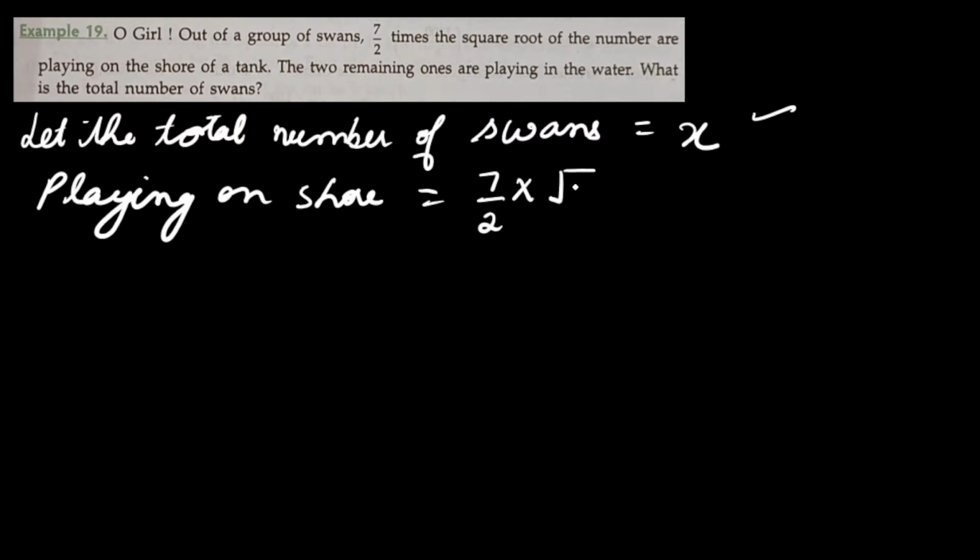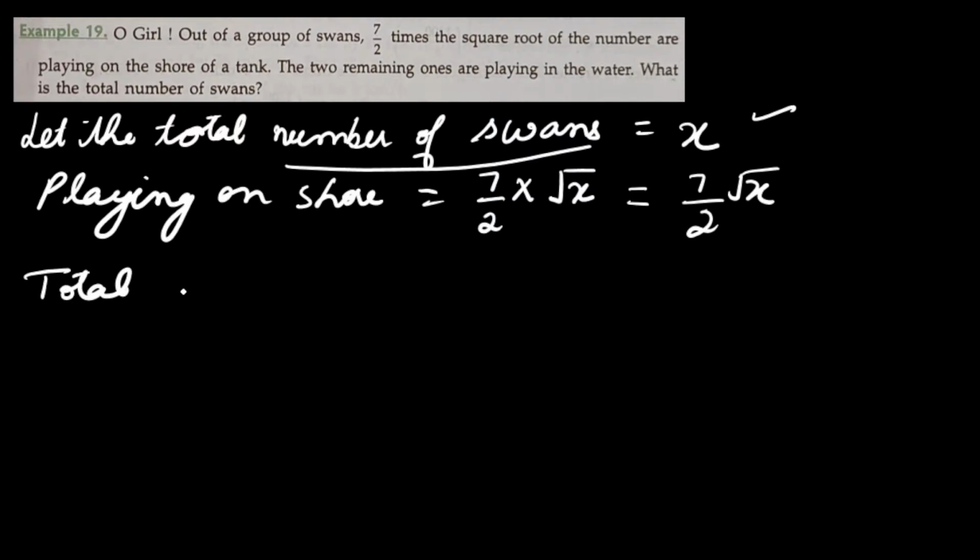Square root means this symbol, 1 by 2 power. The number is x. See, the number of swans I assumed at the starting only as x. So the swans who are playing on the shore are 7 by 2 into root x, and the two remaining are playing in the water. So here two more are there who are playing in the water. So we know this thing.